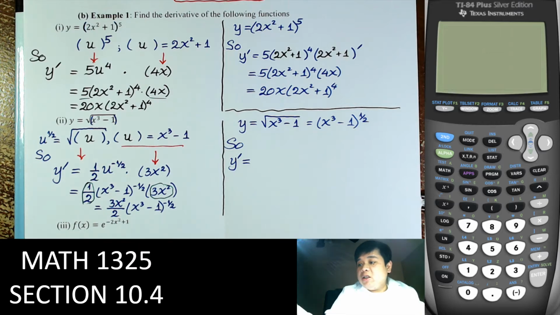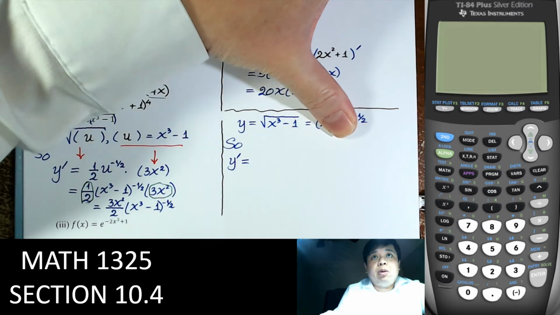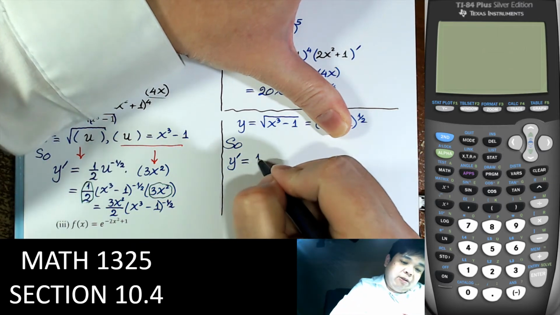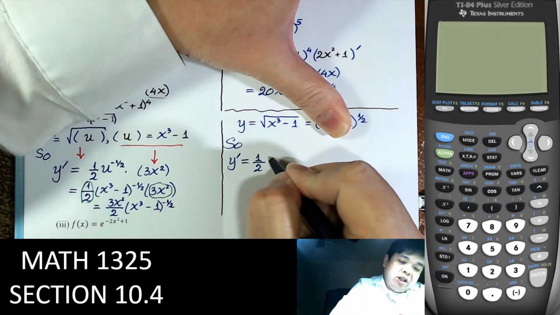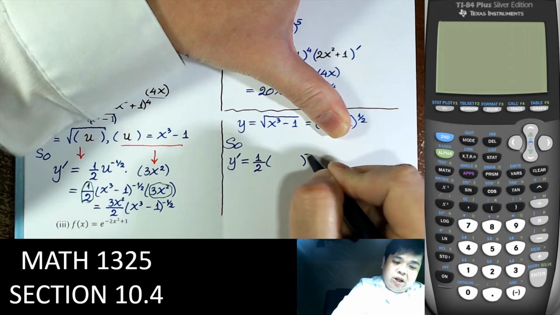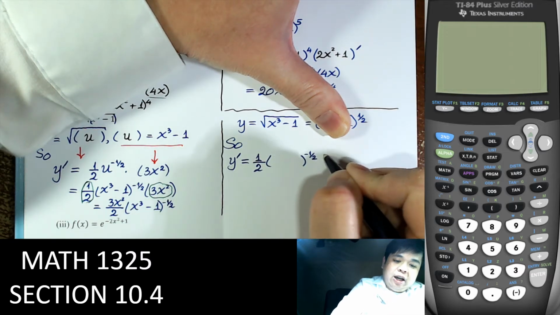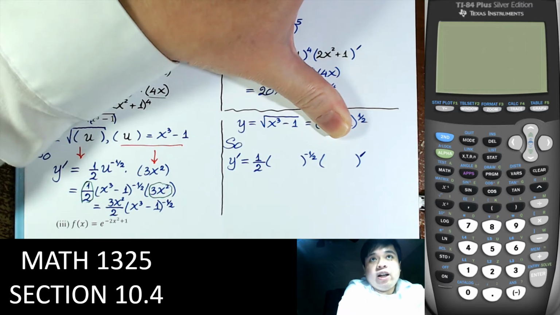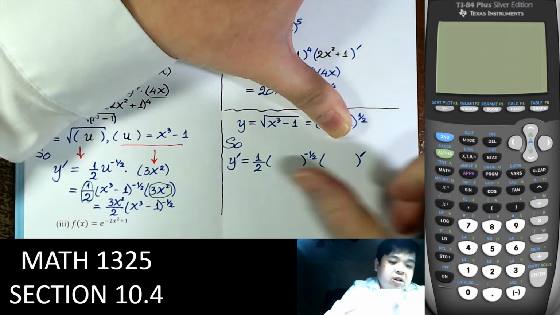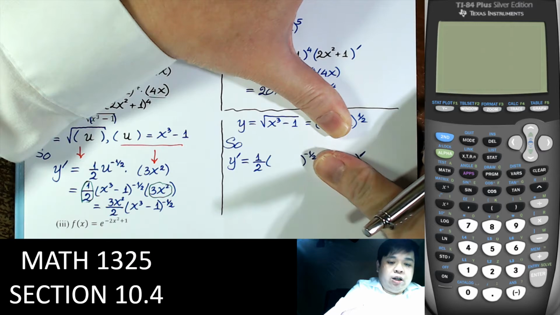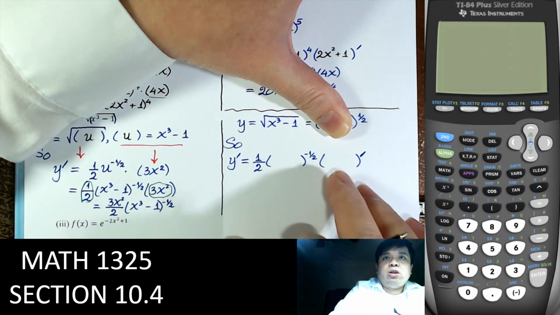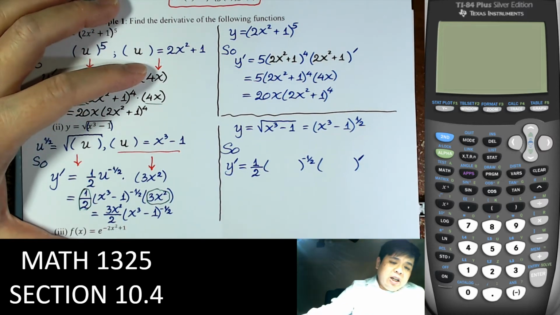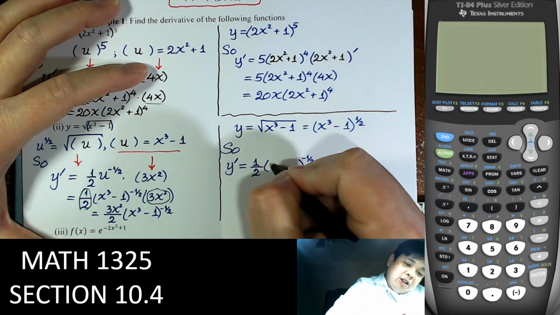Once again, it doesn't matter what is inside of the parentheses. If it is to the 1/2 power, the derivative is 1/2 of the parentheses to negative 1/2, and then the derivative of the parentheses. That's how it works: power rule and then the chain rule, always times the derivative of the parentheses. It just happens to be x cubed minus 1.